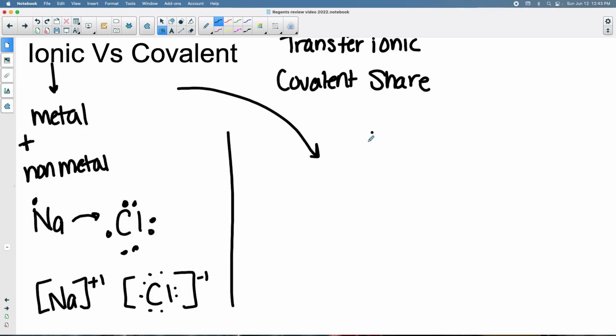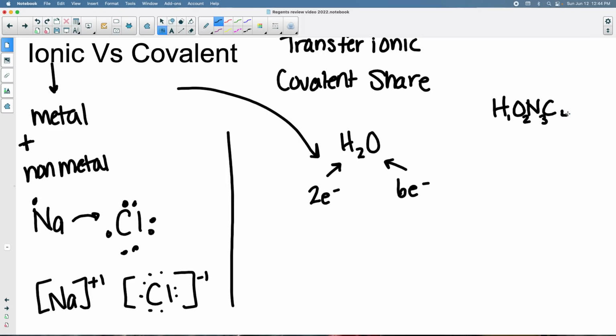Whereas if we're talking about water, two nonmetals, the electrons are shared, hydrogen and oxygen. This is going to be 2 valence electrons plus 6 valence electrons. We can use HONC. Hydrogen and halogens make 1 bond. Oxygen makes 2. Nitrogen makes 3. Carbon makes 4. We can use that, or we can use happy minus have. Stable number minus valence electrons tells you how many bonds.